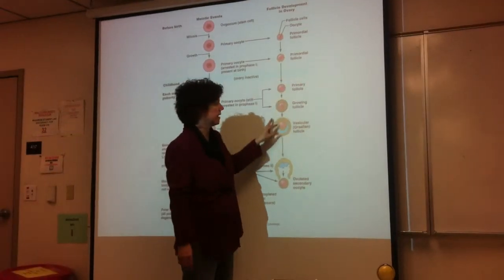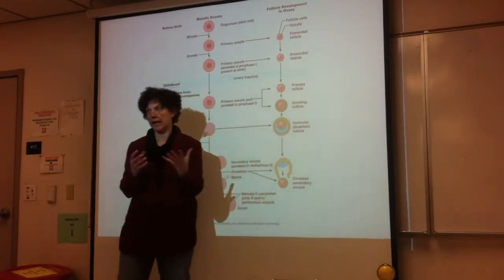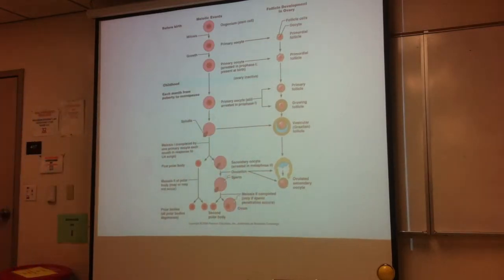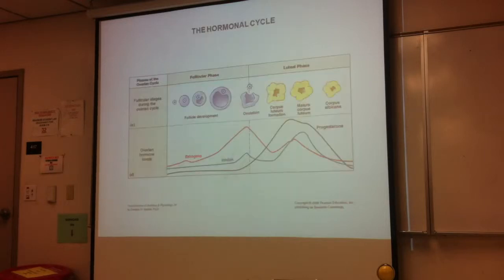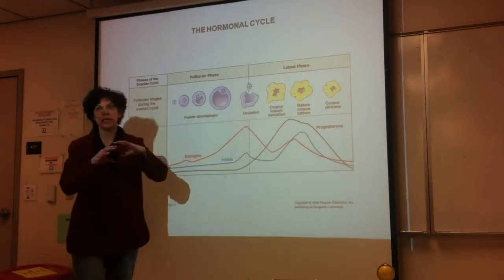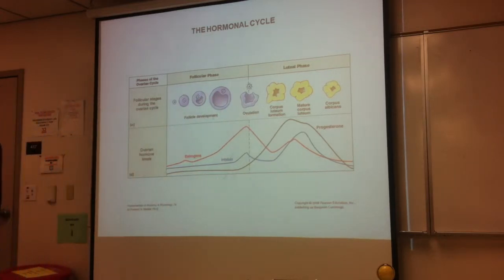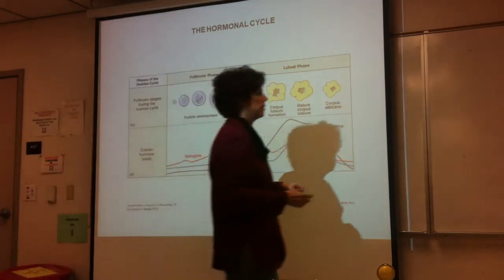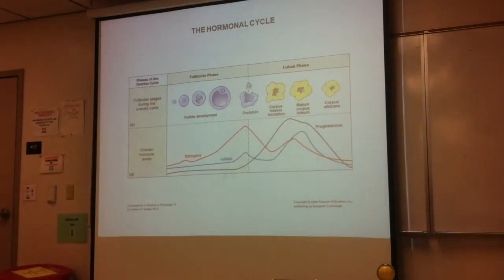These are the changes that the cells are going through that surround the egg, what we call the follicular cells. So the follicle are those cells that encapsulate the oocyte. And those undergo changes along with the oocyte and contribute to the levels of the hormones. So let's look at those follicular changes.